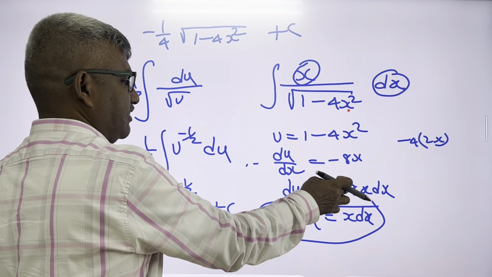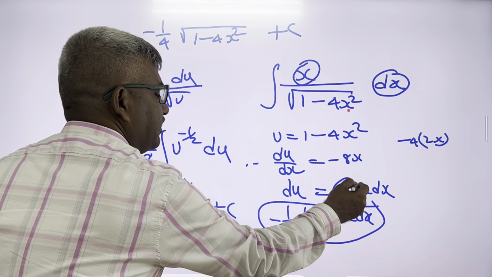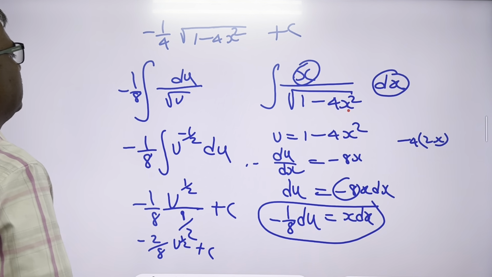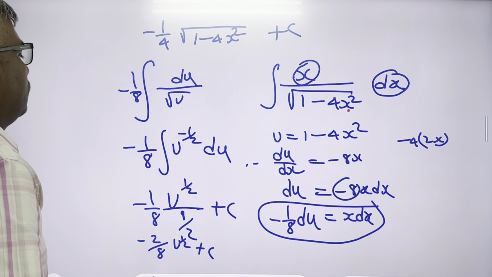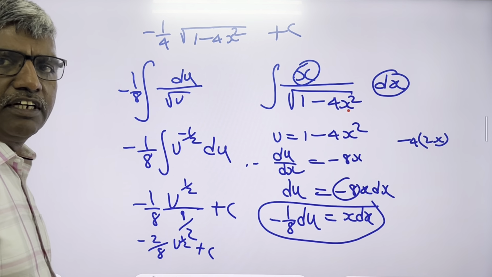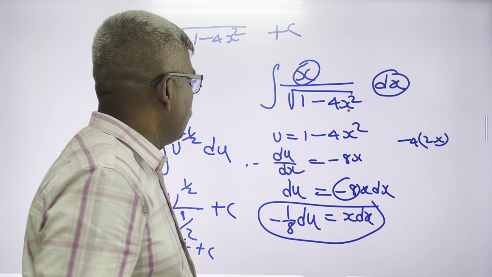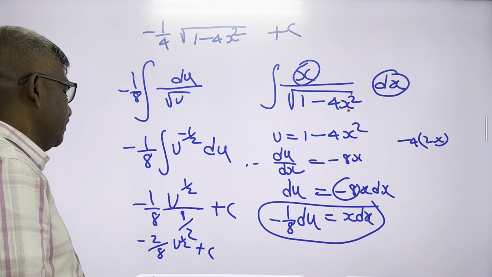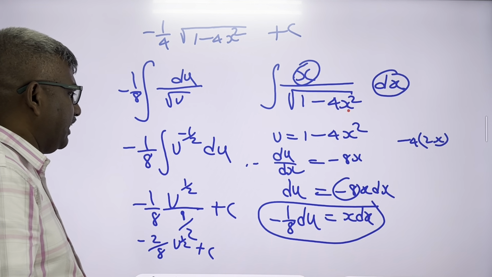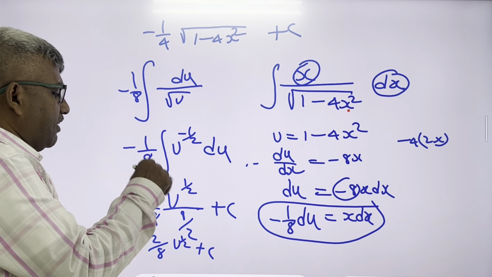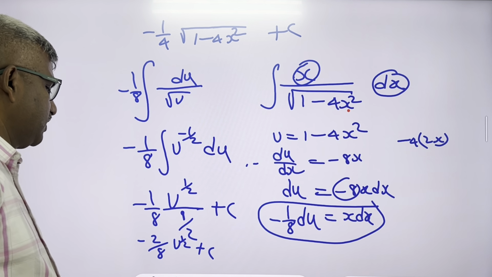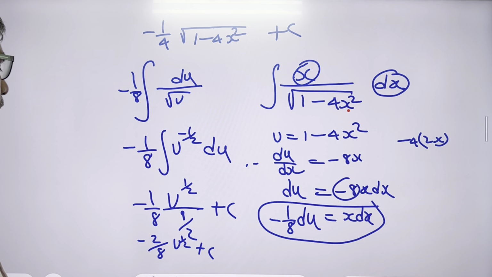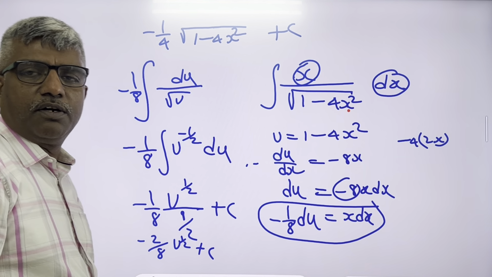So x dx will be minus 1 by 8 du. Minus 1 by 8 du by root u. Root u, if you bring it to the numerator, is u power minus 1 by 2 du. So minus 1 over 8 u power 1 by 2 over 1 by 2. So it will become minus 2 over 8 u power 1 by 2 plus c, which is minus 1 over 4 root of 1 minus 4x squared plus c.